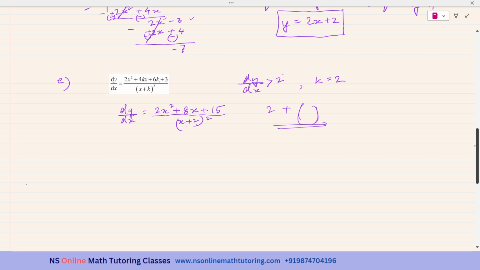Okay. So since the denominator is x plus 2 whole square, what if I can get something as 2 times x plus 2 whole square in the numerator? Then the x plus 2 whole square can be cancelled and I'll be having this number 2. Let us try that.